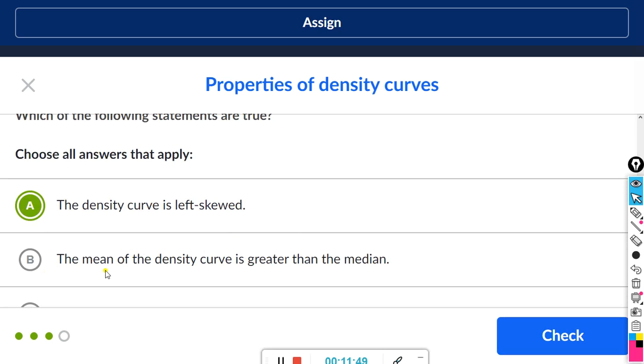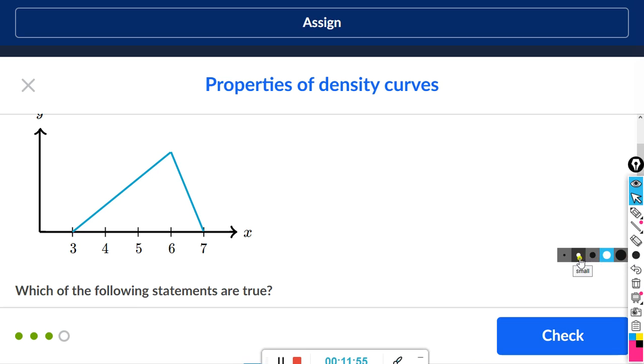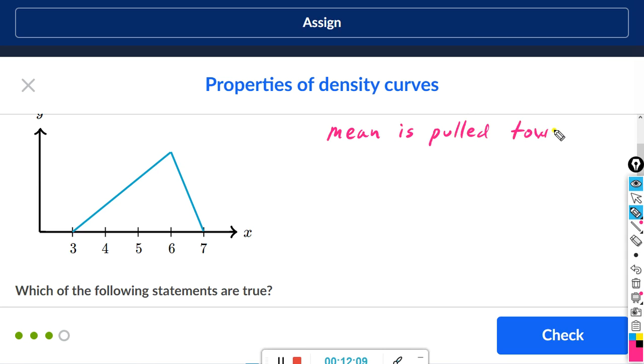Answer B, the mean of the density curve is greater than the median. Recall in the past, we said that the mean is pulled toward the tail. So if it's less steep on the left-hand side and the tail is on the left, that means the mean is going to be more to the left of the median.